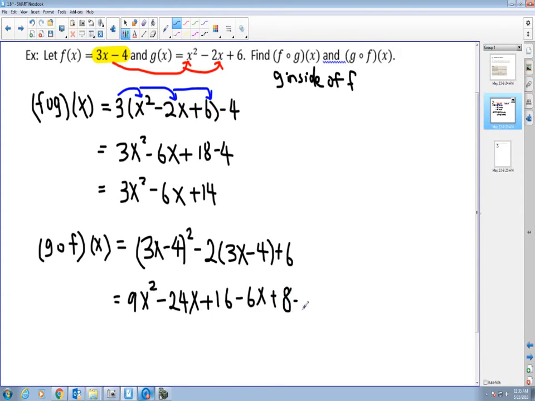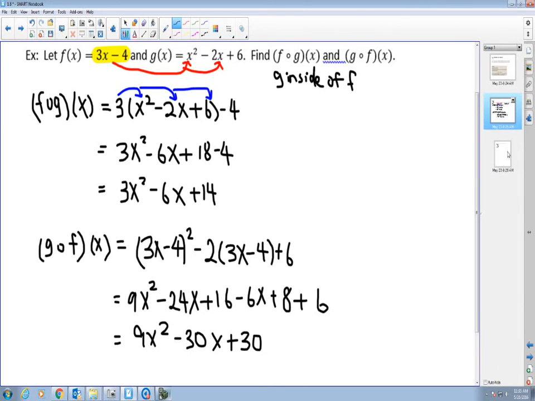And then at the end I got positive 6. Combine like terms, that will give me 9x squared. Negative 24 minus 6 will be negative 30x. Alright, 16 plus 8 is 24, 24 plus 6, positive 30. Alright, so I end up with another quadratic function. Okay, my output function is another quadratic function. Alright, composition of 2 functions.